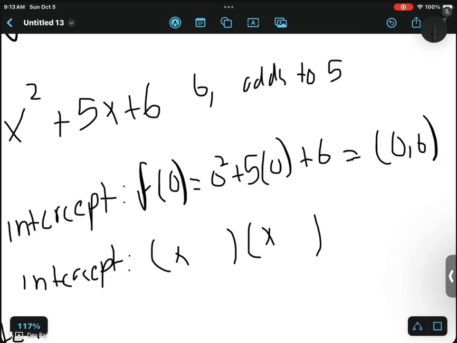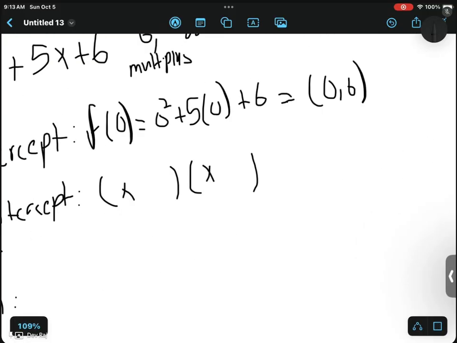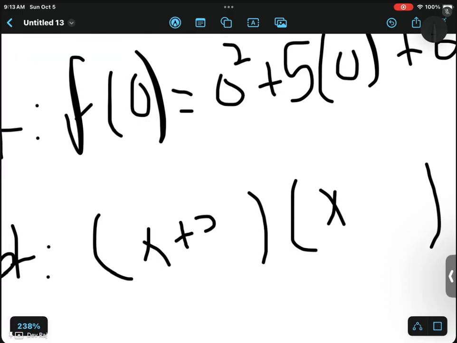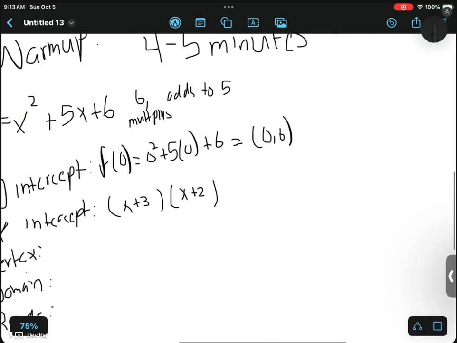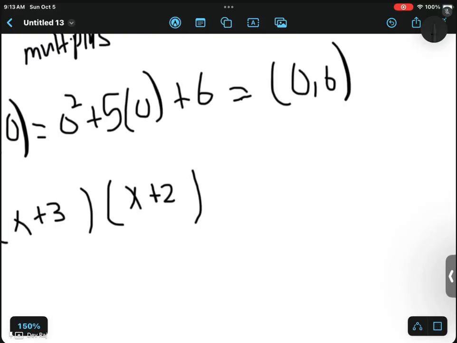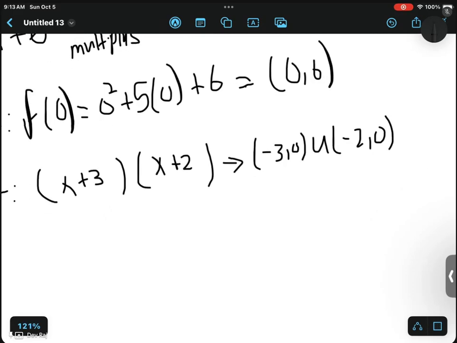So you said 3 and 2, right? So we do plus 3, plus 2, right? You're good so far? But this would mean our points are negative 3, 0 and negative 2, 0. Does that make sense?